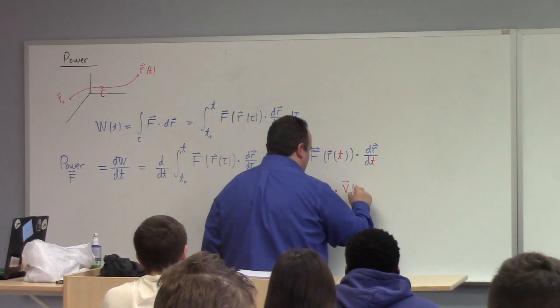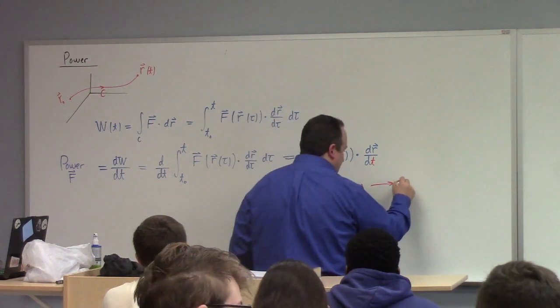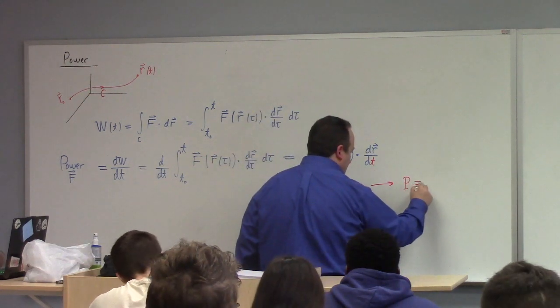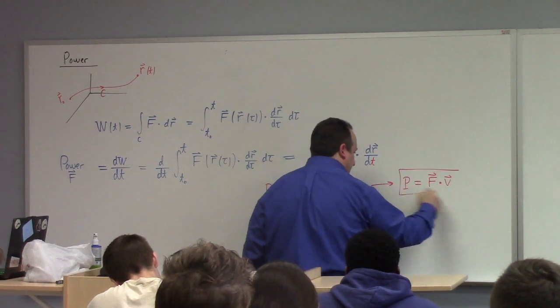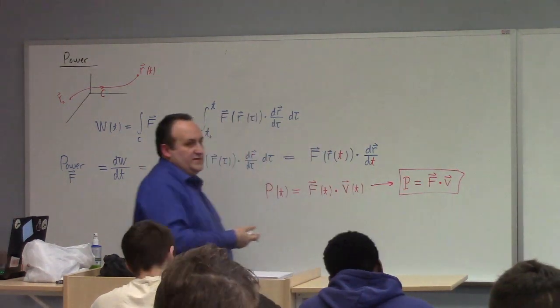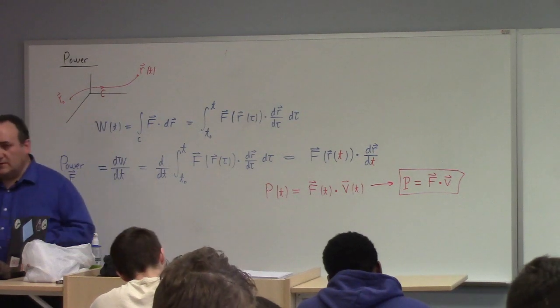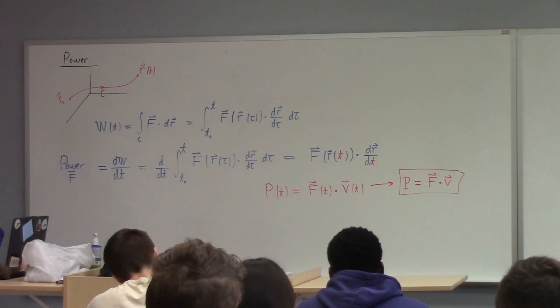The velocity at time t, or if you like, we could simply write that the power is equal to the force dot the velocity. The power is the force dot the velocity. This is true even for variable forces, right?